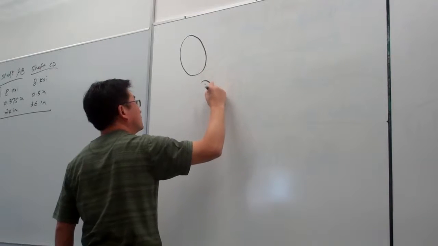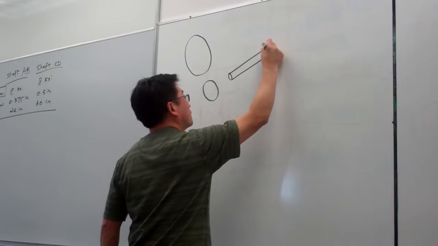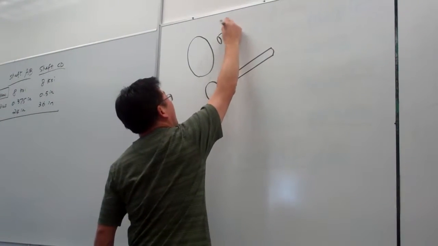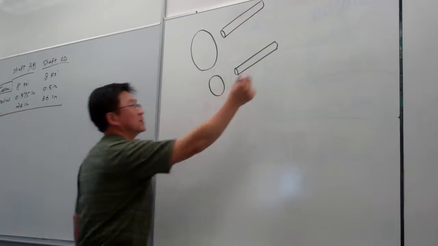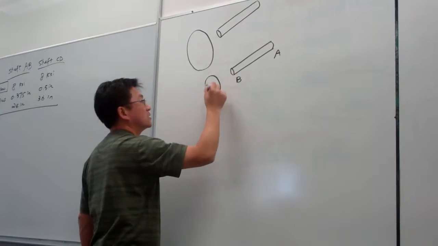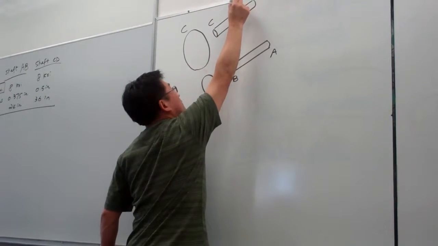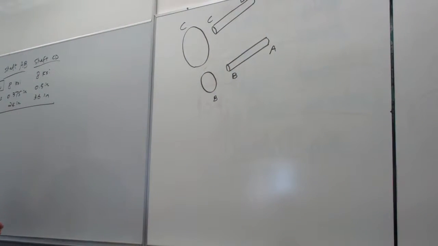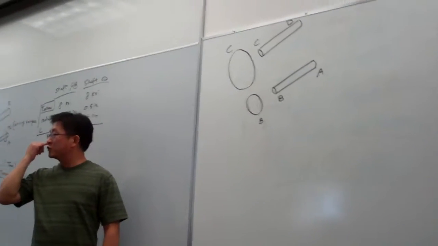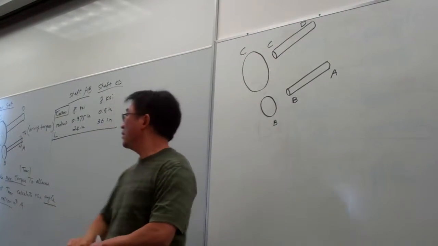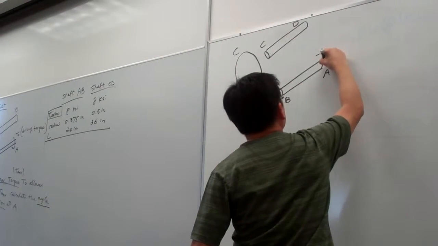This is gear C. This is gear B, and we can put it into four free body diagrams. Here I separate those shafts. This is AB, and this is gear B. This is gear C, and this is CD. So we try to follow the propagation of the torque. This is where we apply the torque.